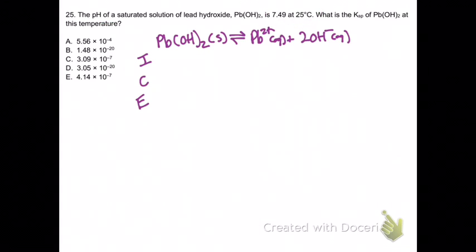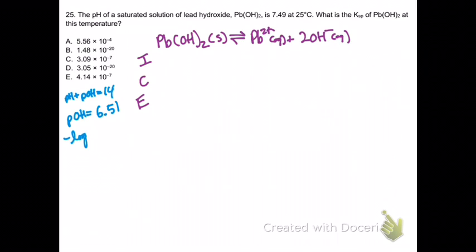So we can reason using the fact that pH plus pOH equals 14 at 25 degrees Celsius. If we subtract that pH from both sides, we end up getting that the pOH is equal to 6.51, which means if you know the pOH, you can find the hydroxide concentration.